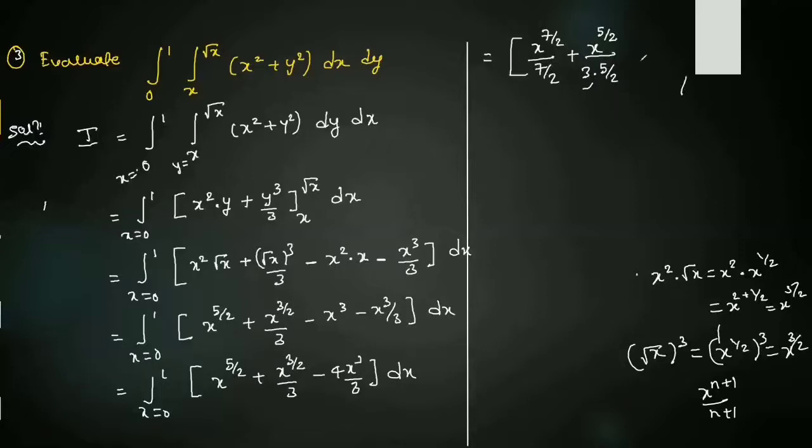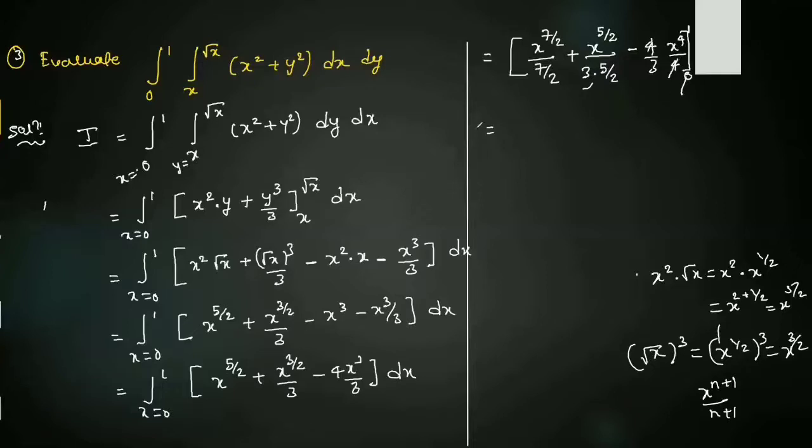Minus, what is integration of 4 by 3 x cube? Already we have it. X cube integration is x to the power 4 by 4. What are the limits? 0 to 1. Now just think, if you substitute 1 in place of x, all the numerators become 1. This is 1, this is 1, this is 1. Here 4, 4 we can cancel.